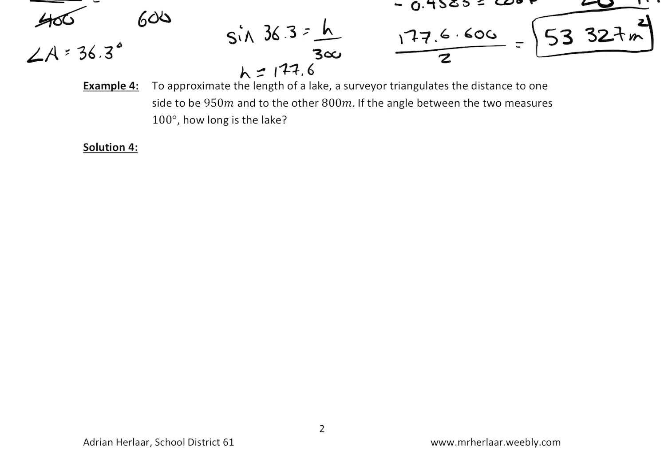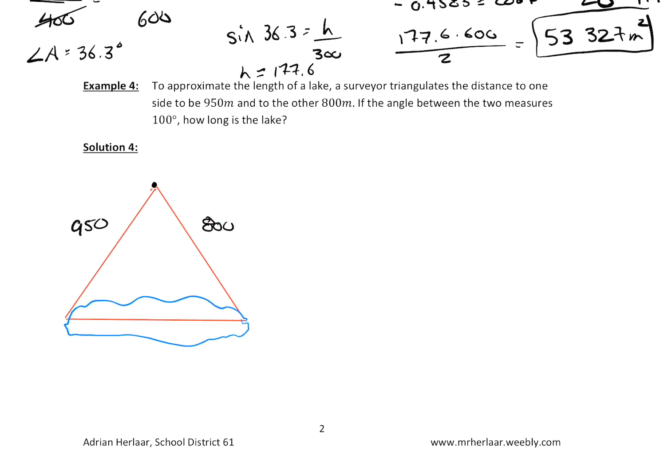Well, if you have your surveyor standing here and they say, okay, from my point here, that is 950, and from my point here, that is 800, and then this represents the lake, right?